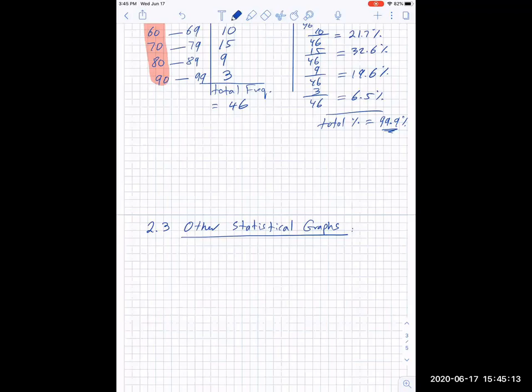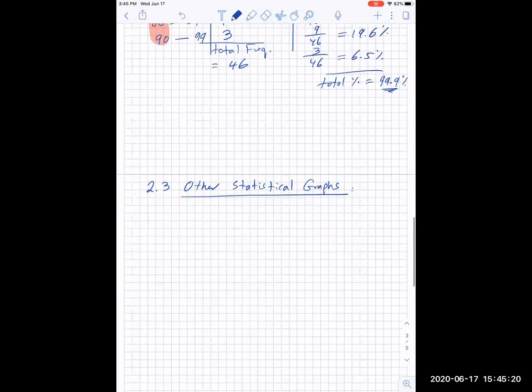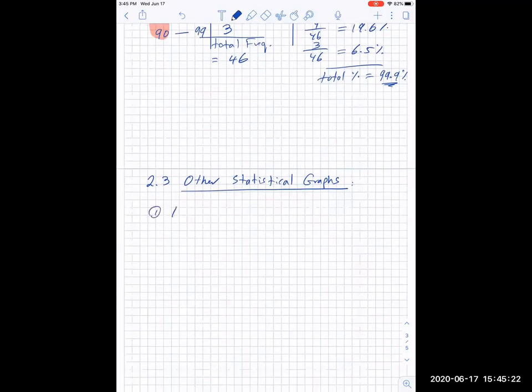I want to talk about first the frequency polygon, number one.